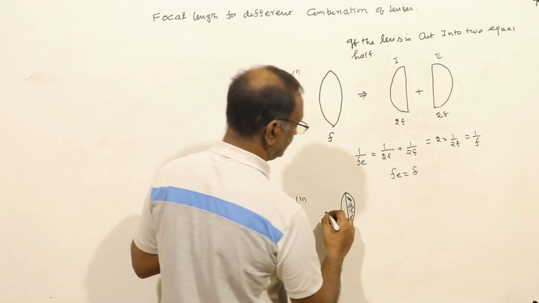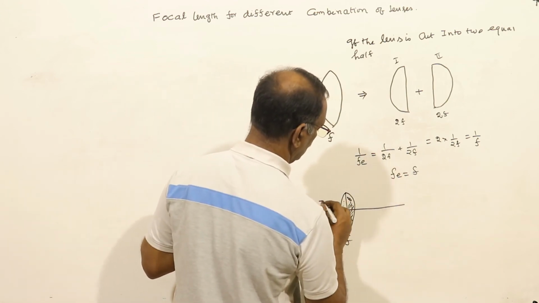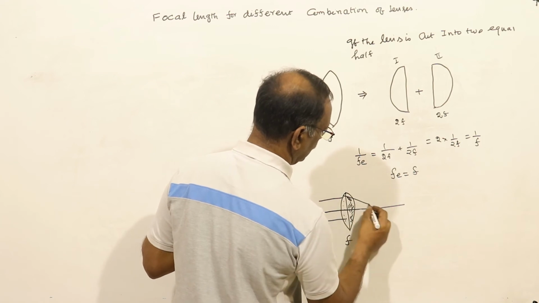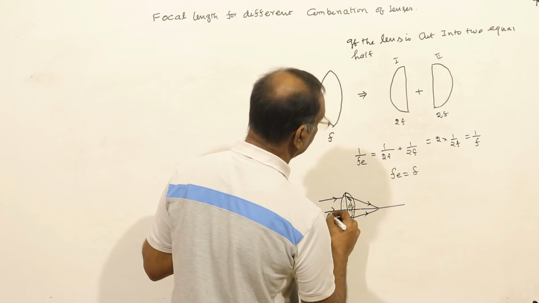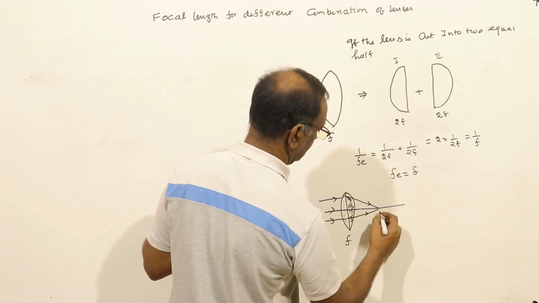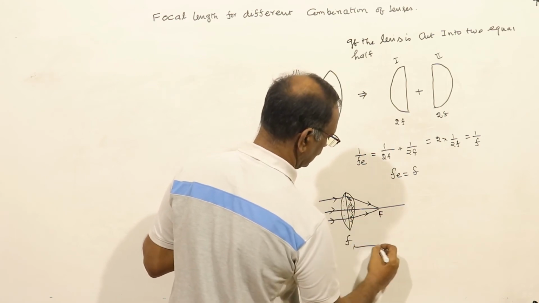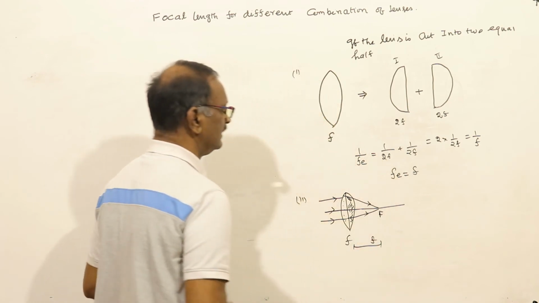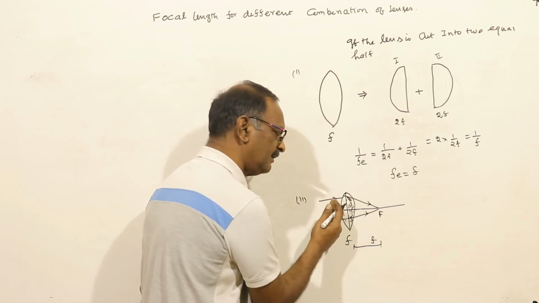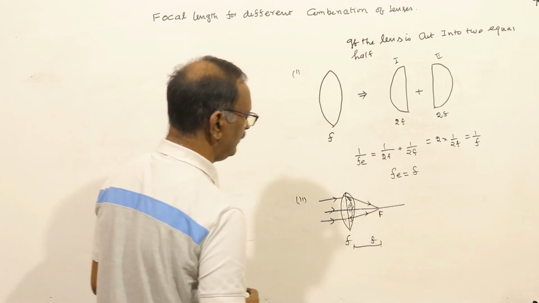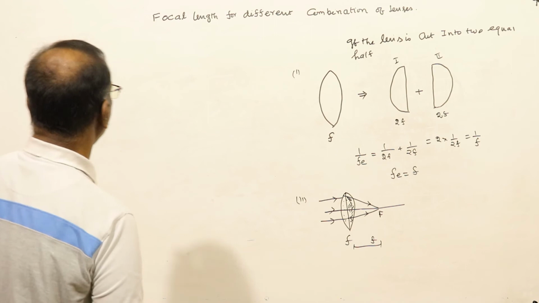It will have only one focal length. This is the focal length distance. It does not make a difference. One portion is some medium, another portion is another medium. It does not make any difference.